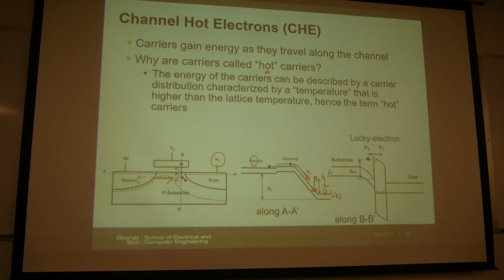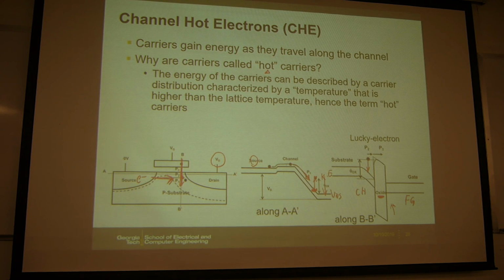If you look from the other direction, vertical to the channel, this is the band diagram vertical to the channel, so the electrons will have this kinetic energy. This is the channel, this is the oxide, and this is your floating gate. This is along the BB direction, and the AA direction is this direction.